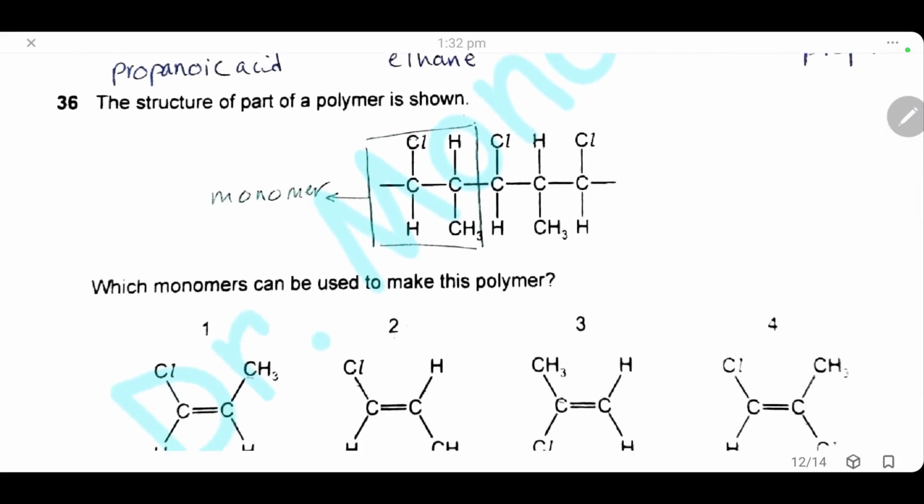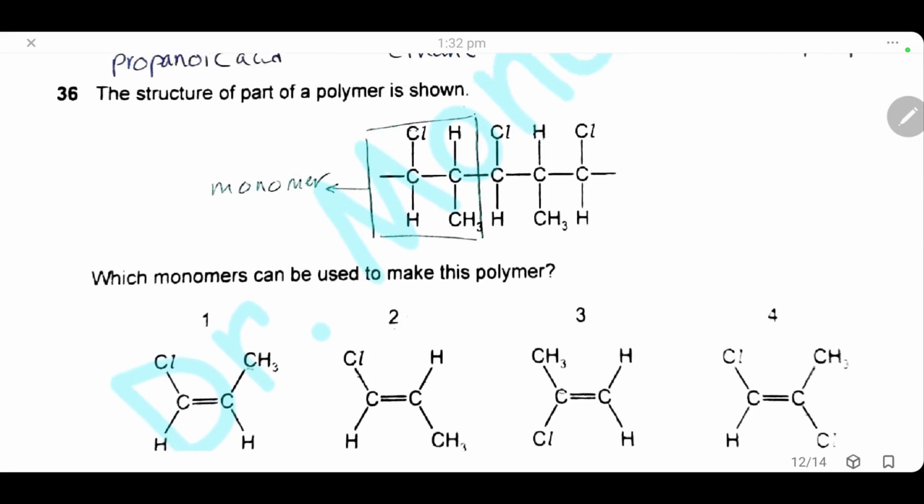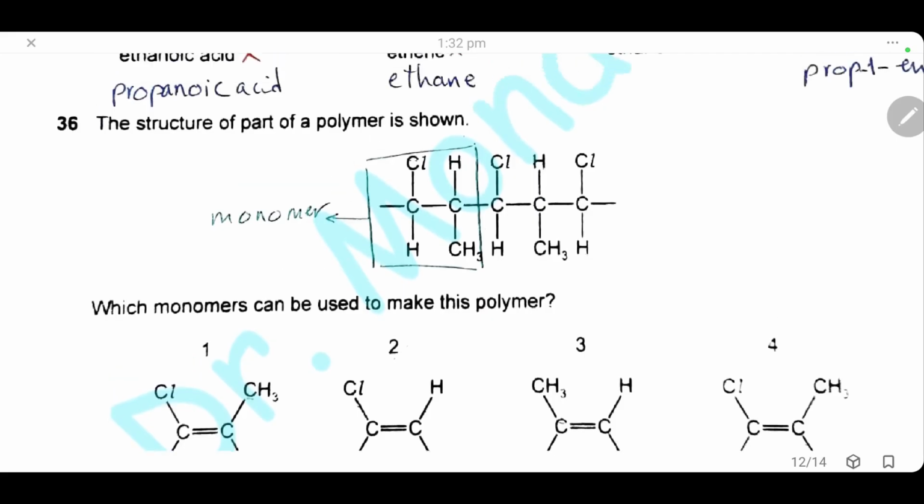Question 36. The structure of part of a polymer is shown. Which monomer can be used to make this polymer? To decide which part is the monomer, you have to search for the point of repetition. Here we have Cl, H, then Cl again. So at this part, this is the monomer, formed from 2 carbons. One has Cl and the other carbon has CH3.